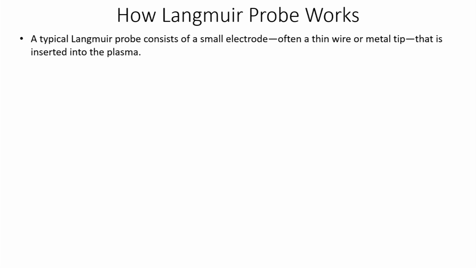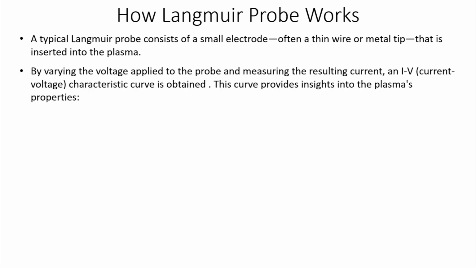A typical Langmuir probe consists of a small electrode, which can be a thin wire or a metal strip, that is inserted into the plasma. When the voltage is varied from negative to positive, the resulting current is measured, and this curve, the IV characteristic, gives various insights into the plasma's properties.